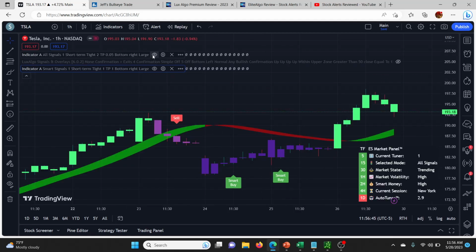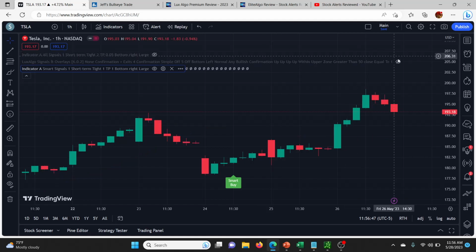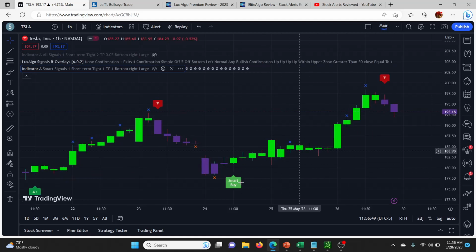So you can see we add Lux back in. Lux is here. You can see the buy signals do overlap, which is what I showed in a previous video, that often the signals do overlap on these things. And so the answer here though is not that Lux or EliteAlgo is particularly better.